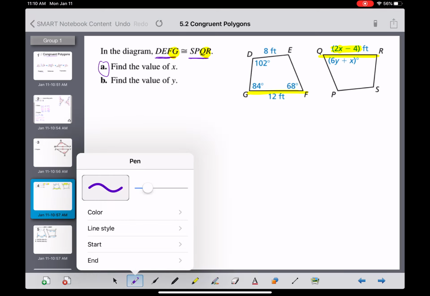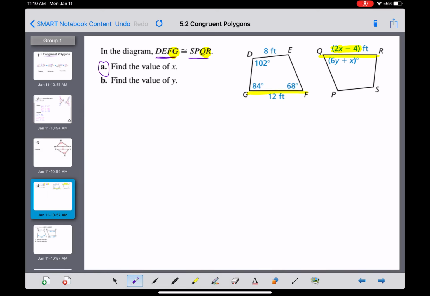So now I can set up my equation, using substitution for those lengths. And then this just becomes a simple algebraic equation. I add 4 to both sides to get 16, divide by 2 to get 8. So the value of x is 8.